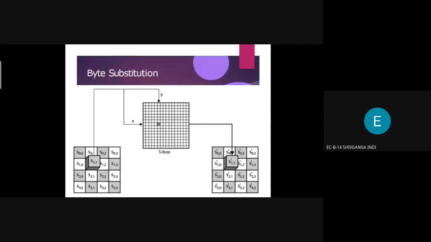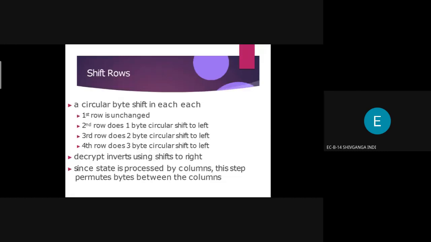After replacing the particular byte, suppose we replace the byte S11 using the S-box, that block can be represented as S'11. Likewise, we can replace any byte by using byte substitution.